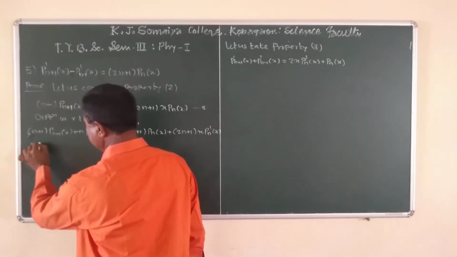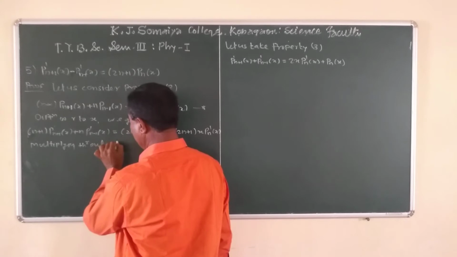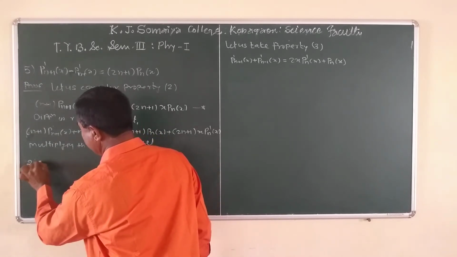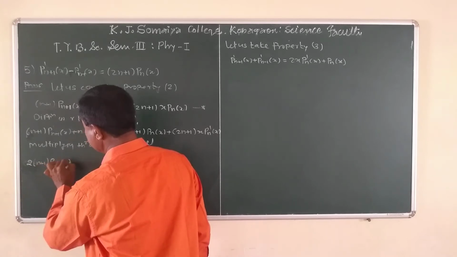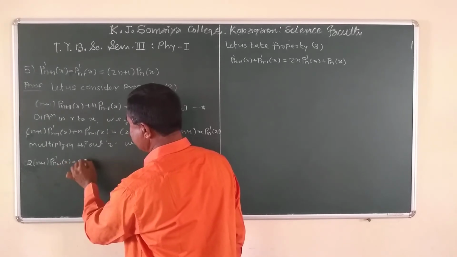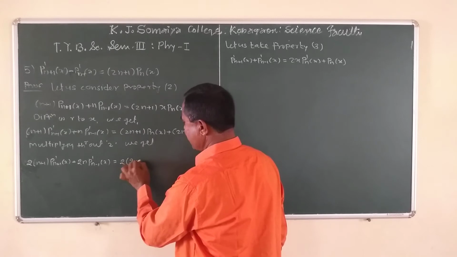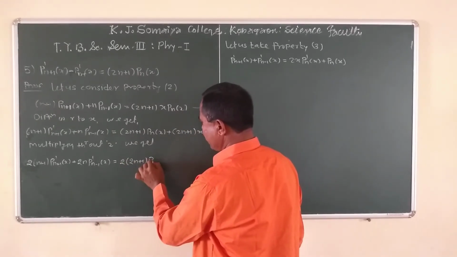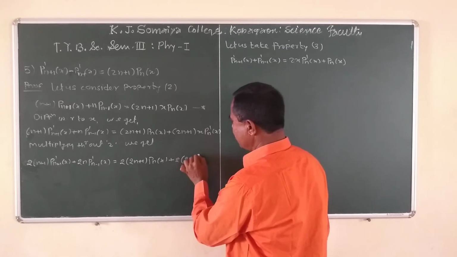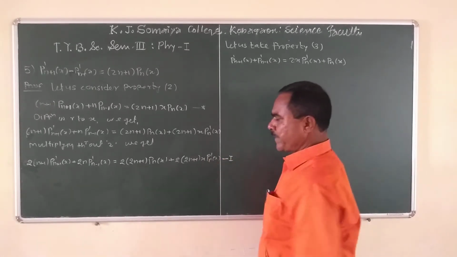Multiplying throughout by 2, we get 2(n+1) P'_{n+1}(x) + 2n P'_{n−1}(x) = 2(2n+1) P_n(x) + 2(2n+1) x P'_n(x). This equation we call first.